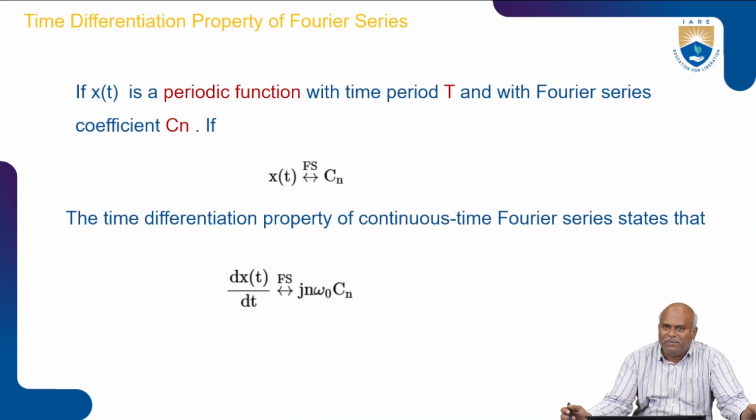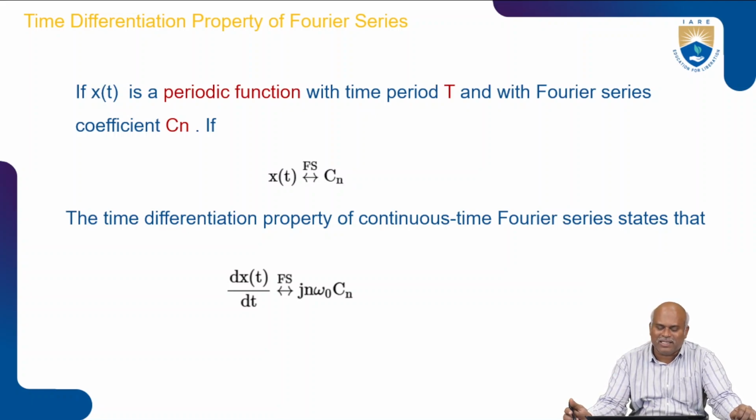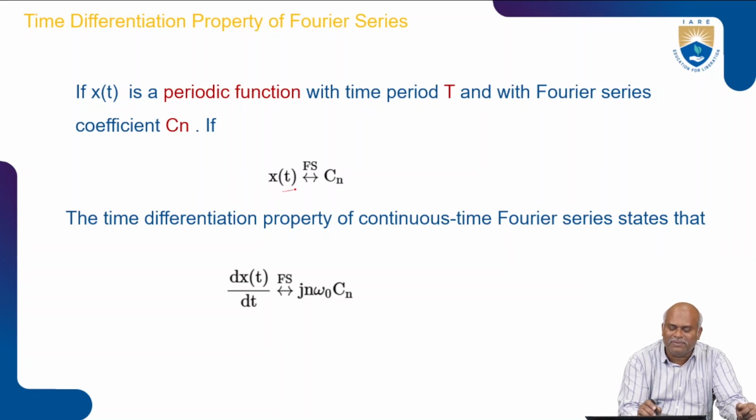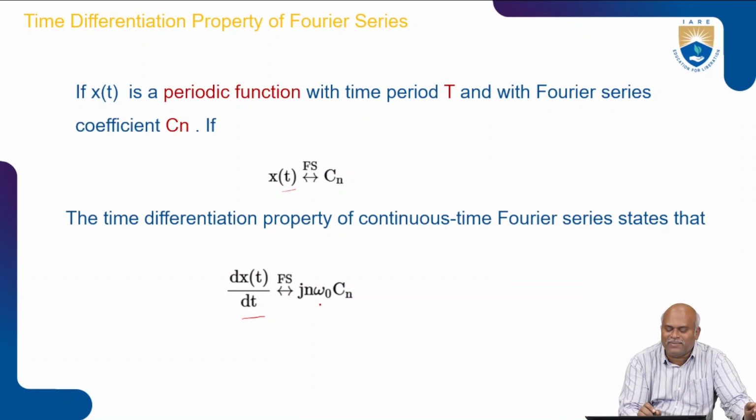The time differential property of continuous time Fourier series is represented as differentiating x of t in t, that is d x of t divided by dt. After taking the Fourier series, it's multiplied with the Fourier constant jn omega 0.